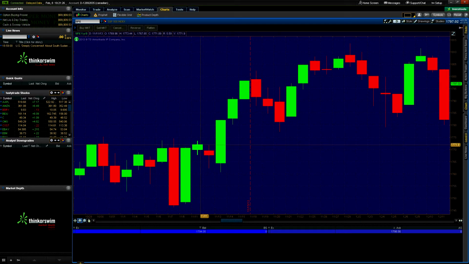And basically, the lower part of the rectangle you see here represents the price at which the stock opened on the day or the time period, and the upper part of the rectangle specifies the price at which the stock closed for the specific time period.